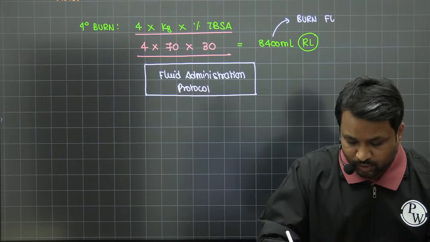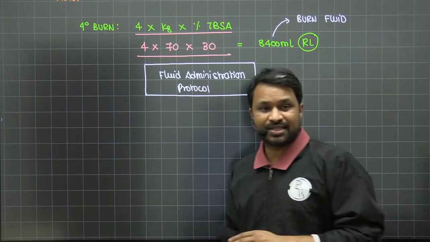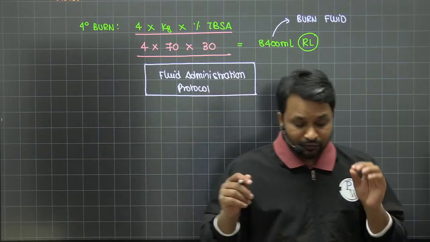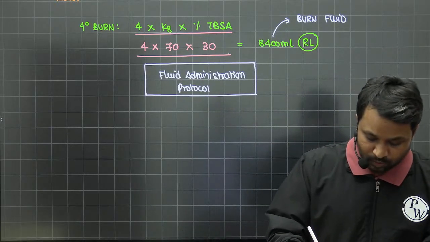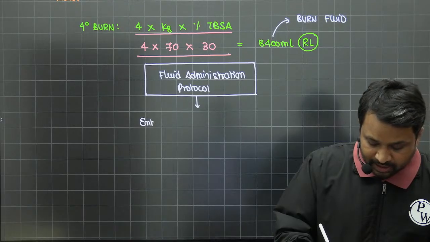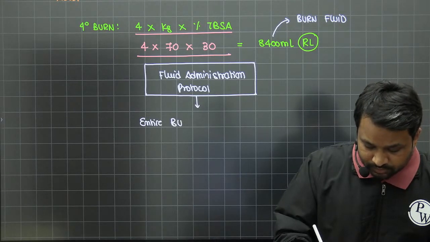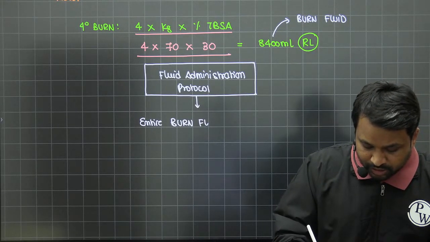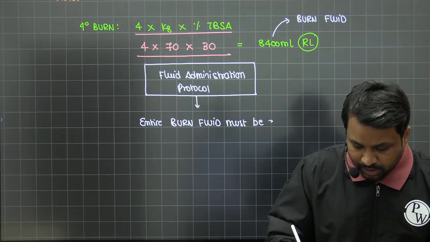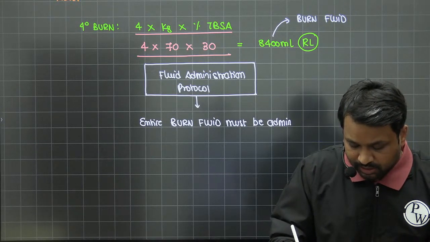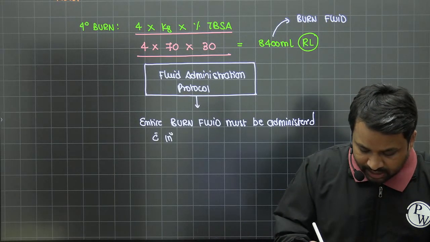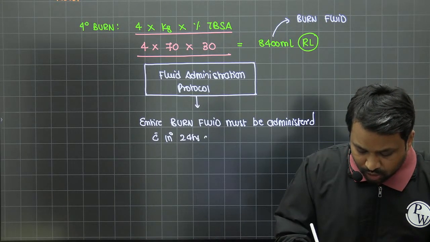That means this is the fluid that I am going to give the patient for resuscitation. Whatever amount you have calculated will be considered as burn fluid. The fluid administration protocol says that the entire burn fluid must be administered within 24 hours of resuscitation.